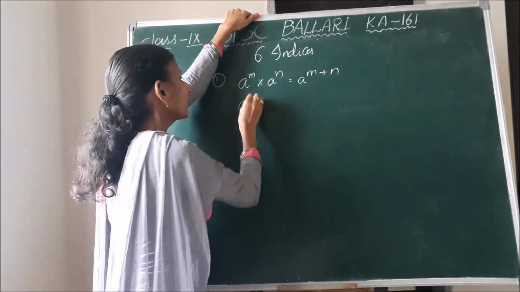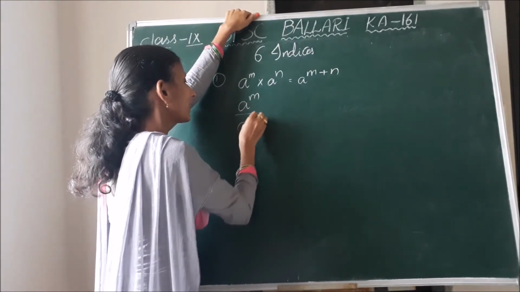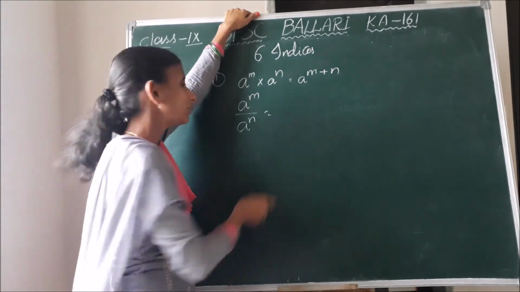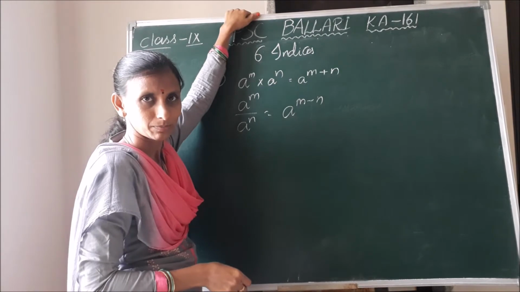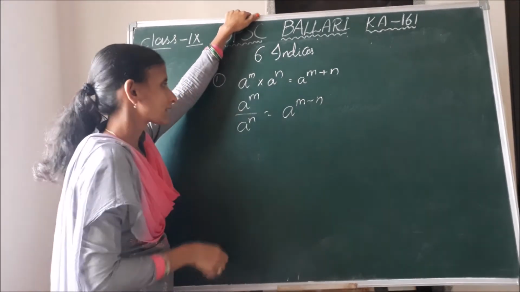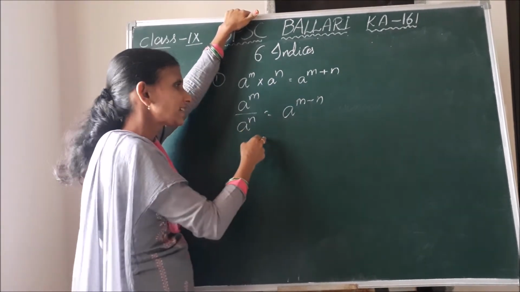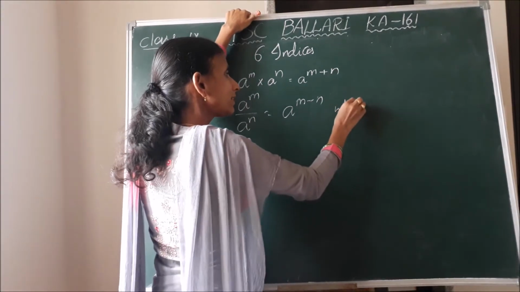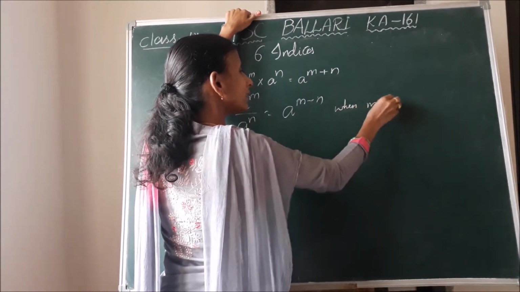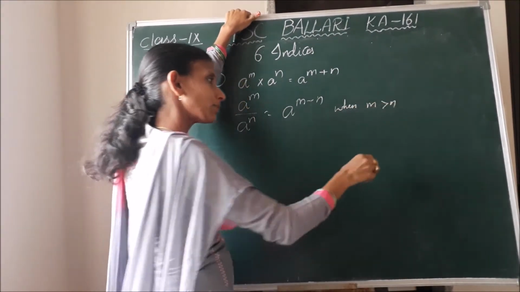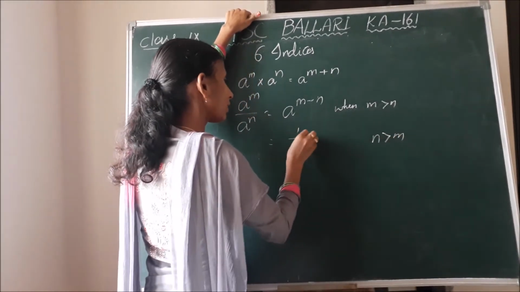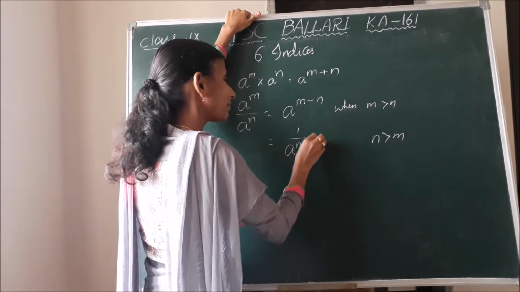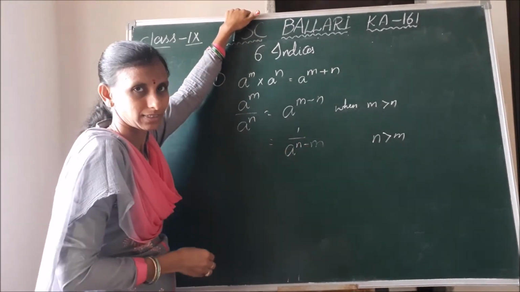Next, a power m by a power n, when they are in division, we get a power m minus n. This is when m is greater than n. Suppose n is greater than m, then we get 1 by a power n minus m.